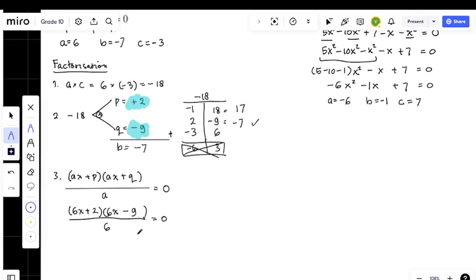Okay, jadi ini kita cuma ganti angka-angkanya. A by 6, ya, because we have the a 6. P and Q is plus 2 and minus 9. As for the rest, just leave it like that. Nah, for factorizations, kita harus cari ya, di antara dua kurung ini, plus 2 atau minus 9 yang bisa dibagi 6.